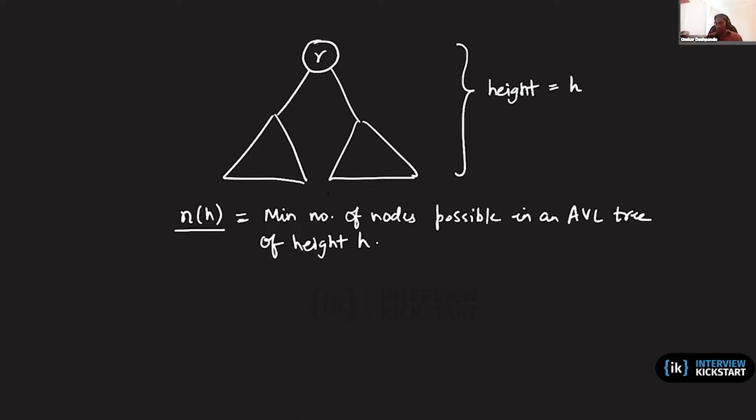So we want to focus our attention on the smallest possible AVL tree of height h that there can be.